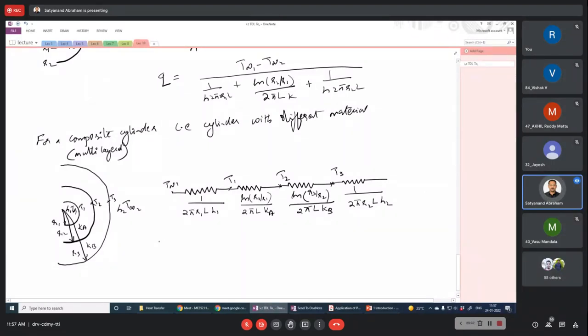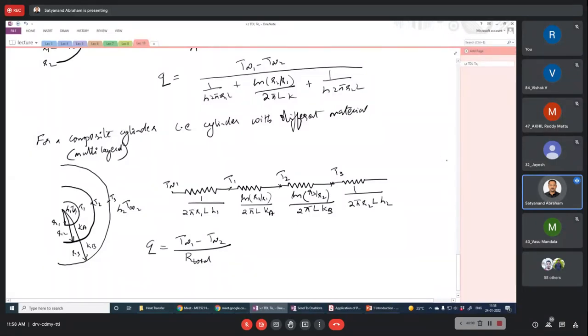So basically this is a series resistance, therefore we can write Q is equal to T infinity 1 minus T infinity 2 divided by R total. This is the total resistance, which means a summation of all the series resistances.